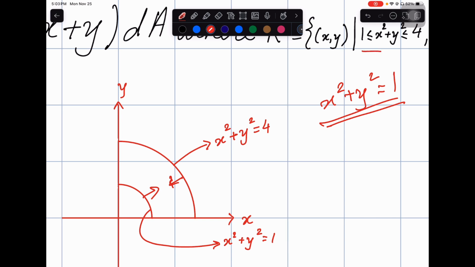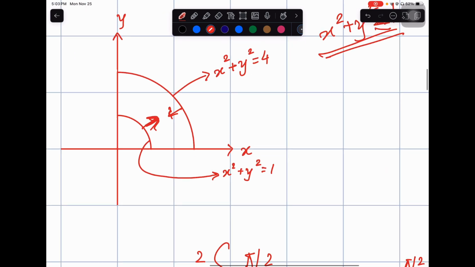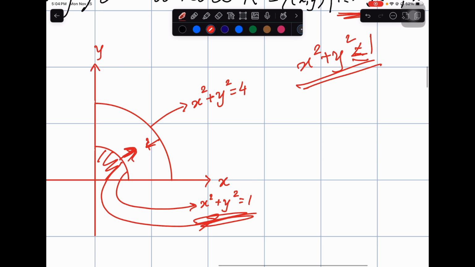So this area represents a circle. The area under this is represented by x squared plus y squared less than or equal to 1, right?